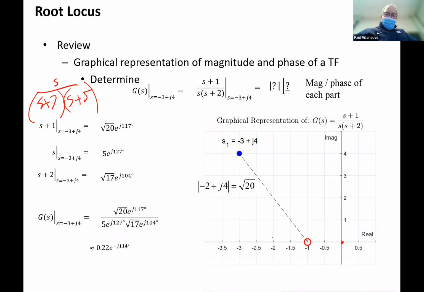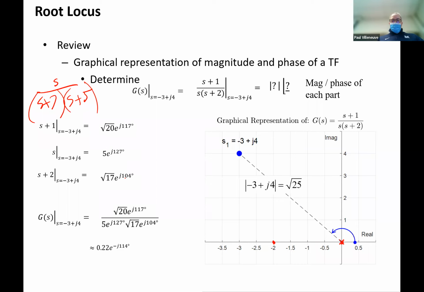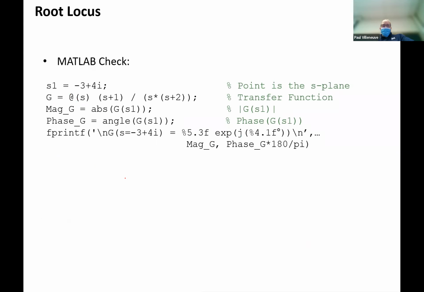If I want to go from -2, which is over here, then I don't have to go quite as far, and my angle is not severe. So you can see I only have to rotate 104 degrees, and I'm only square root of 17. So that's shown by these. This is the first one, the second point, and the third point gives me those values. And the sum of those is how I get that point.